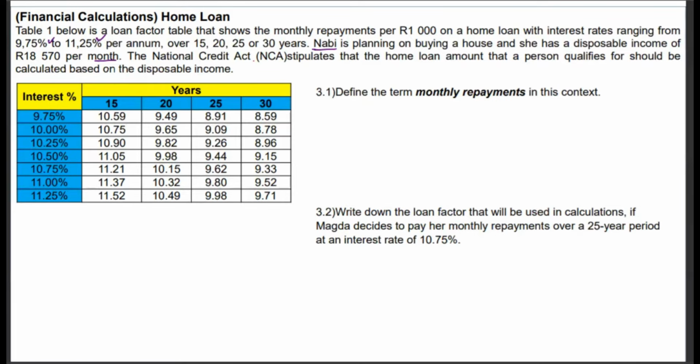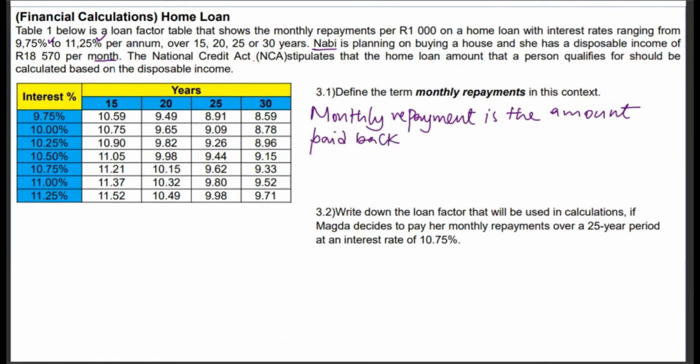So the monthly repayment is the amount paid back every month on a given loan.